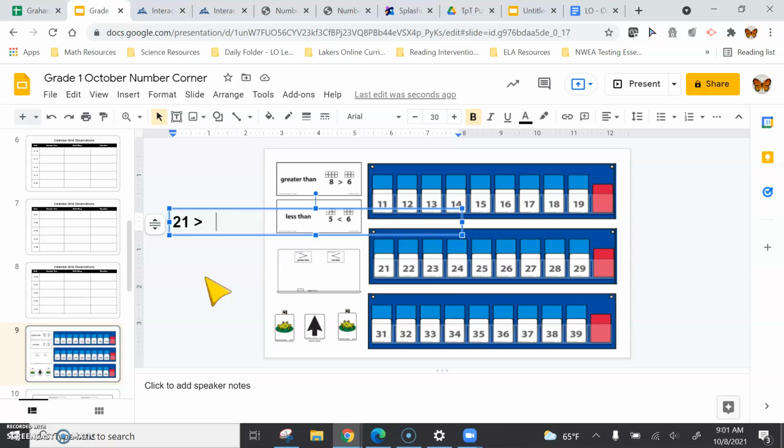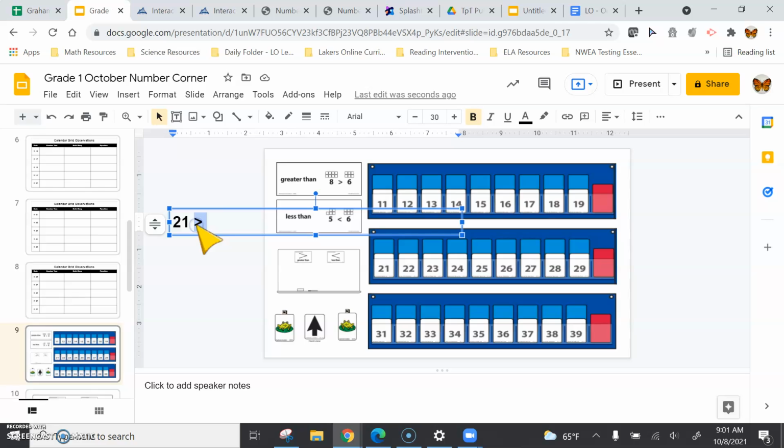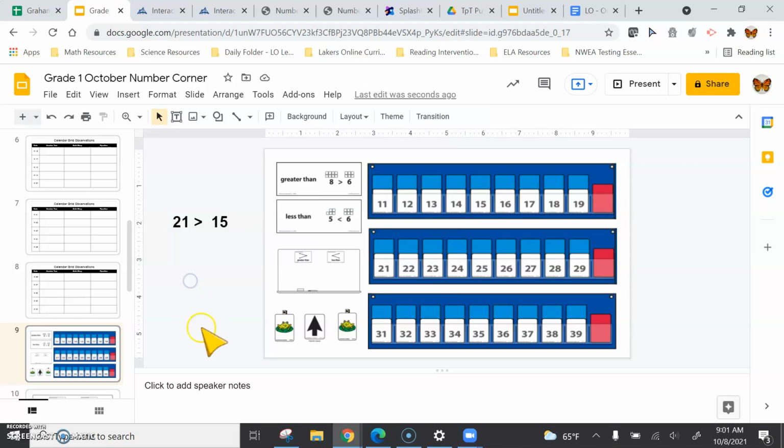So that means I really have to think about the numbers that may be smaller than 21. Let's look at our chart over here. We had a lot of numbers. 15. 21 is greater than 15. Can you think of two numbers and which one is greater than the other? Maybe you can think of more.